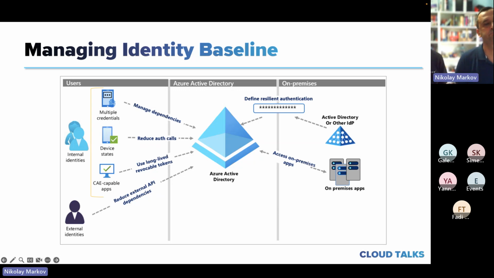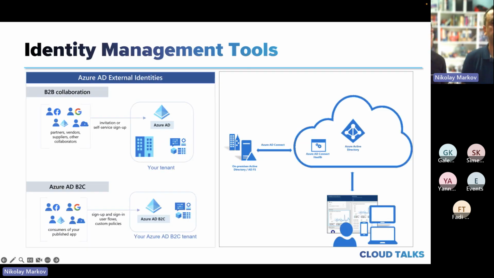Continuing the discussion about managing the identity baseline, as we already mentioned, there are tons of services provided by Microsoft to do that. One very important capability that organizations have been looking for in order to adopt the cloud is the ability to start simple by extending their own data centers to it.